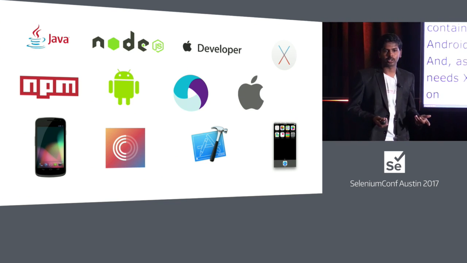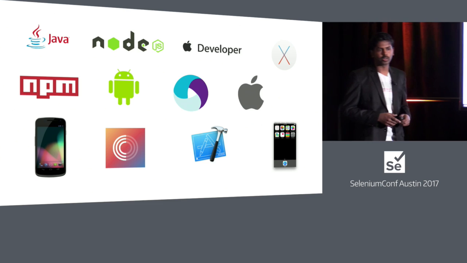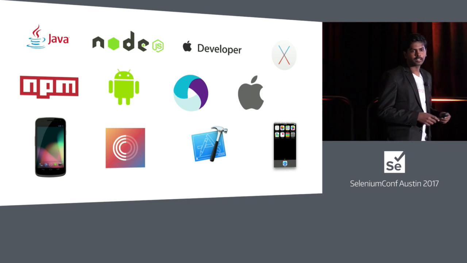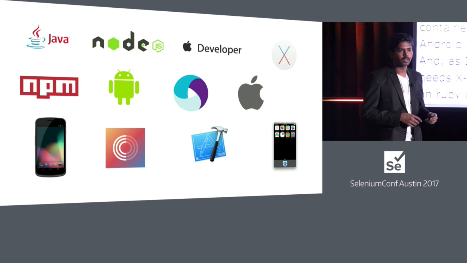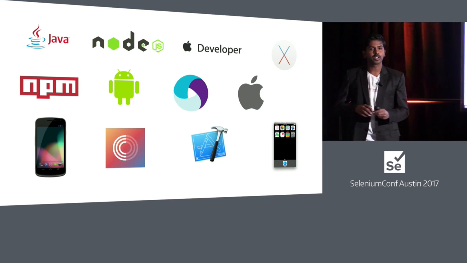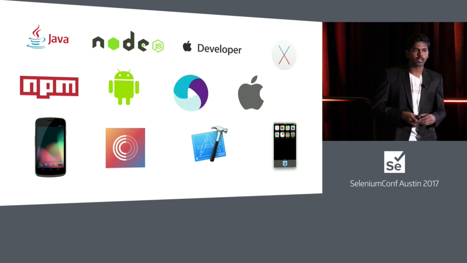So everything is possible only if you have a Mac or OS X. Apple doesn't support powering up a base image which has OS X. So it is not possible. So how can I Dockerize?